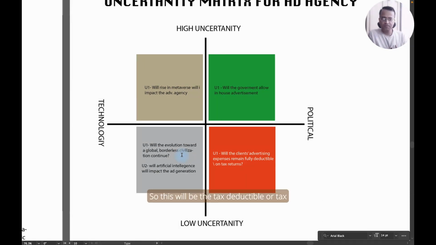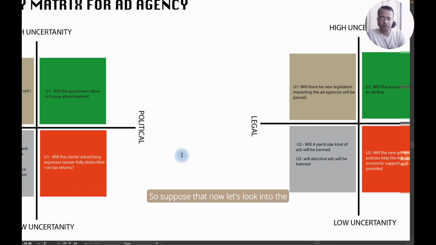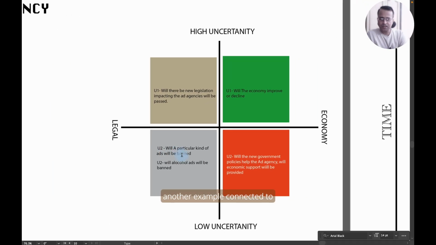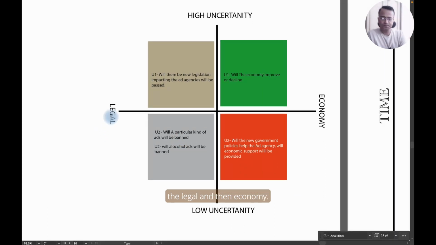So will it be tax deductible, or will the client be able to file the tax return? This is how the new laws that are getting passed from the government are going to impact the advertisement agency as well.